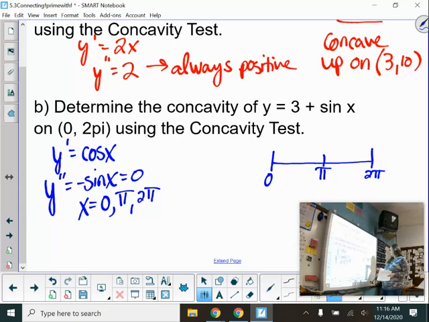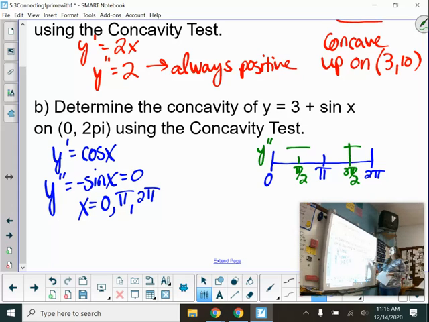So if I look at things that are happening in between, for example, pi over 2 and 3 pi over 2, and I want to know the sign of y double prime, plugging in pi over 2, sine of pi over 2 is positive, but because there's a negative out in front, that's actually going to be negative. 3 pi over 2, sine of 3 pi over 2 is negative 1, but again, there's a negative out in front, so that's going to be a positive.